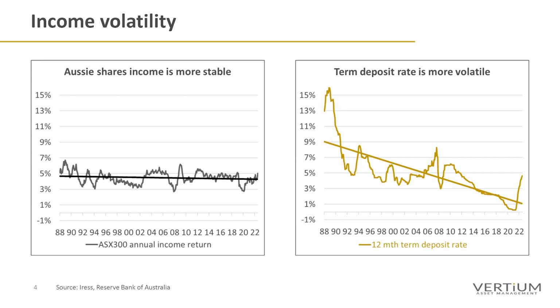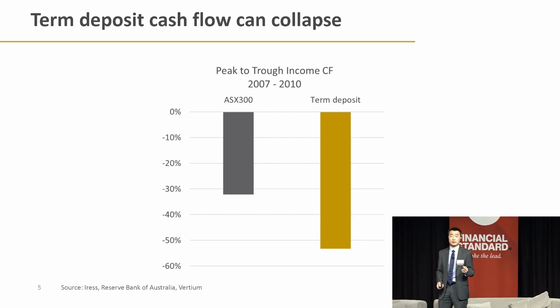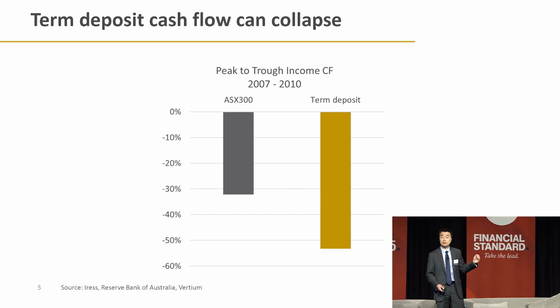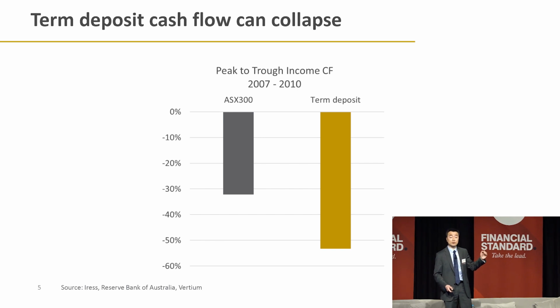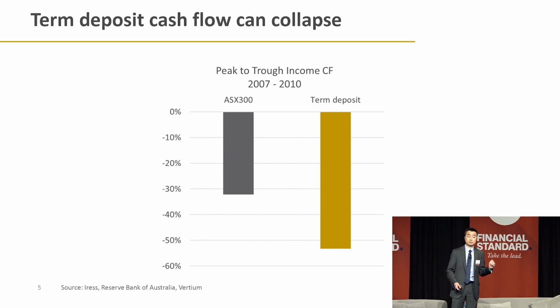To highlight that feature further, think about the global financial crisis, for the Aussie market and also for term deposits. Dividends were cut during that crisis. If you track the cash flows received from the Aussie market over that time frame, cash flows from Aussie equities fell around 30%.